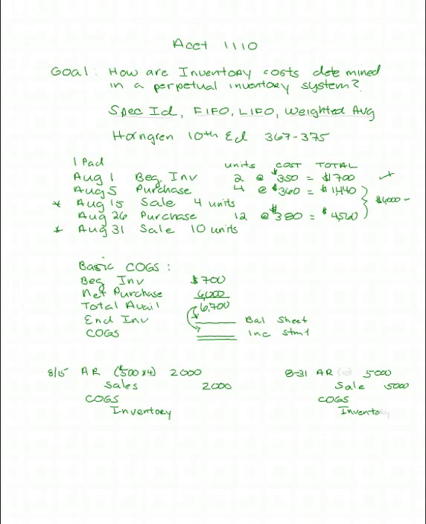And once again, which inventory did we sell? We had 2 at $350 in beginning inventory, on August 5th, 4 at $360, and on August 26th, 12 at $380. Which 4 did we sell on August 15th? And on August 31st, which 10 did we sell?